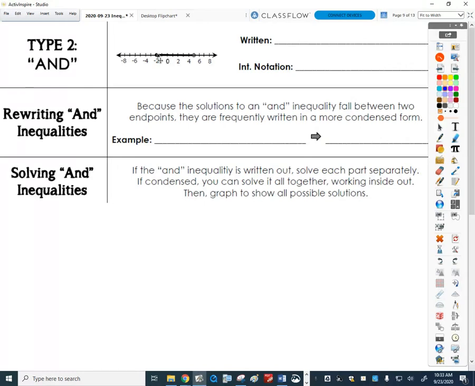How do I say that interval using the word and? x is greater than or equal to -2, and x is less than 5.